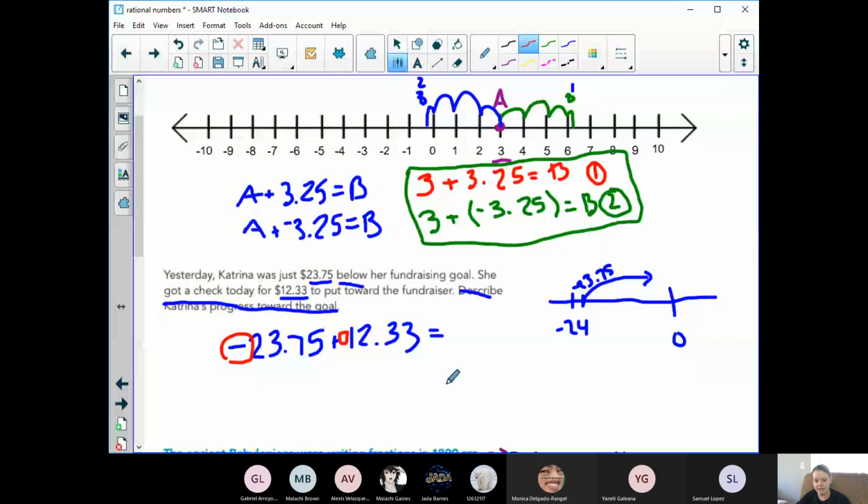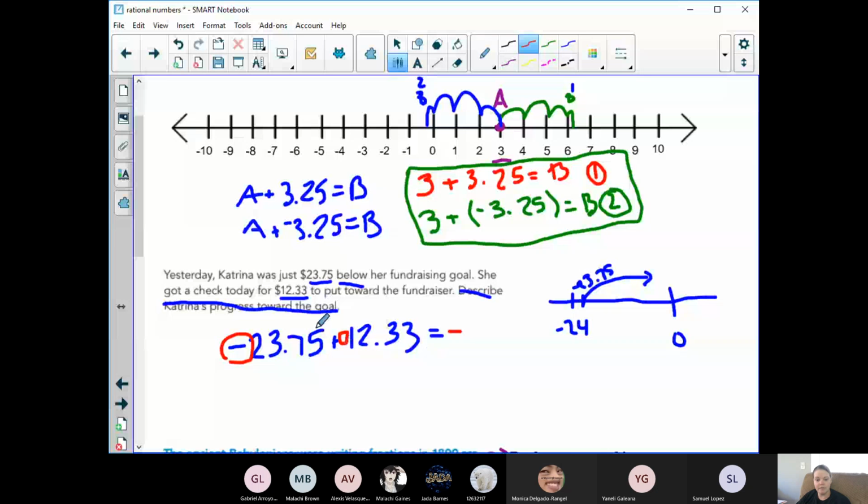Right, it's going to be negative. So we know our answer is negative. And I'm going to subtract these two numbers. Okay, I know we're adding, but to find the answer, I'm going to subtract them.